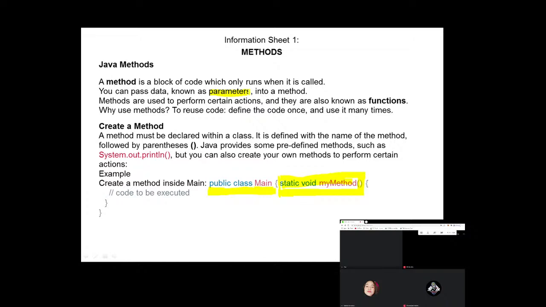So, kining example na ni, kay wala man ni sulod ang parentheses, then it has no input. Meaning, the method can run itself, but it does not need any data to run itself. Okay? Kung tawagon siya or gamiton siya, wala siya kinahanglan na data. So, these are called parameters. Okay? Parameters are the data that your method needs to execute.